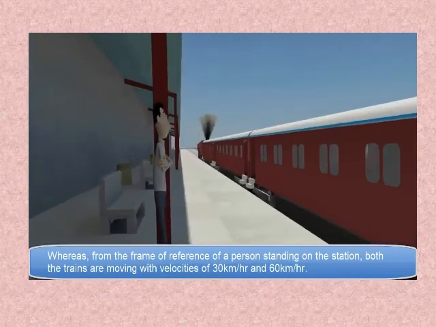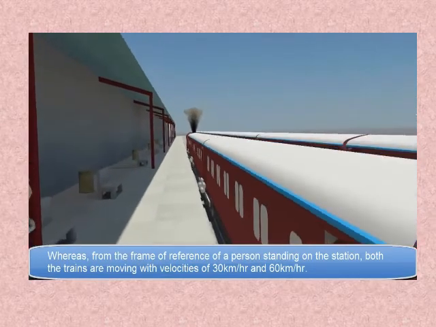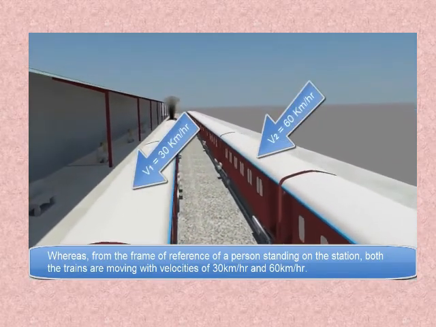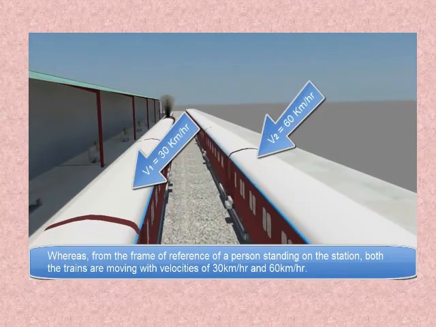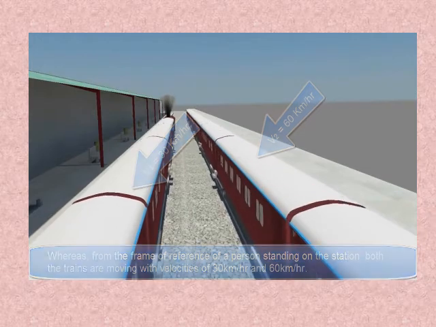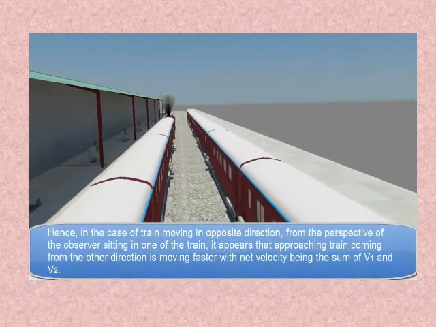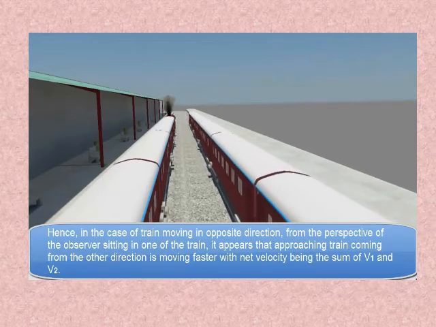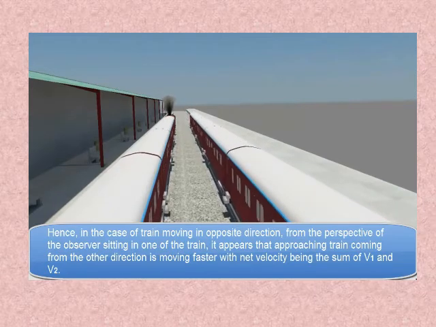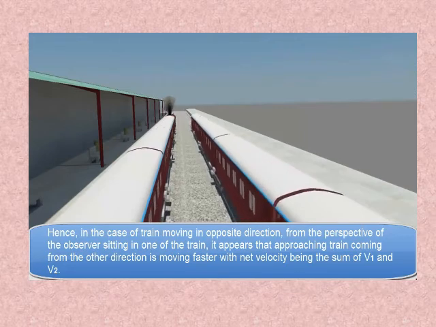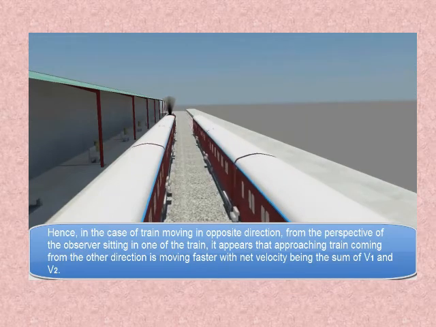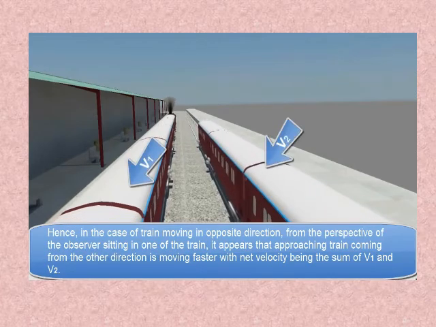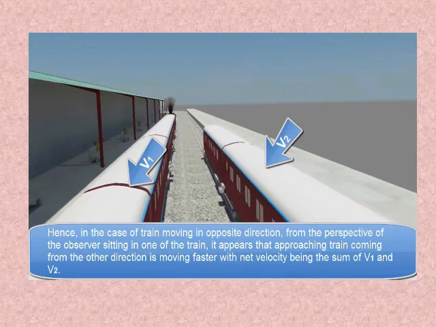Whereas, from the frame of reference of a person standing on the station, both trains are moving with velocities of 30 km per hour and 60 km per hour. Hence, in the case of trains moving in opposite directions, from the perspective of the observer sitting in one of the trains, the approaching train appears to be moving faster, with the net velocity being the sum of v1 and v2.